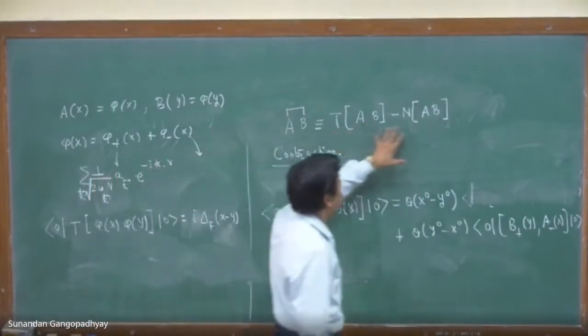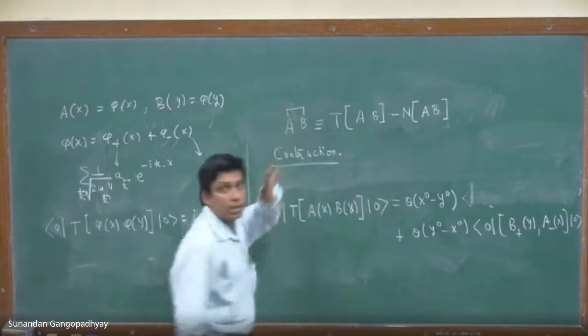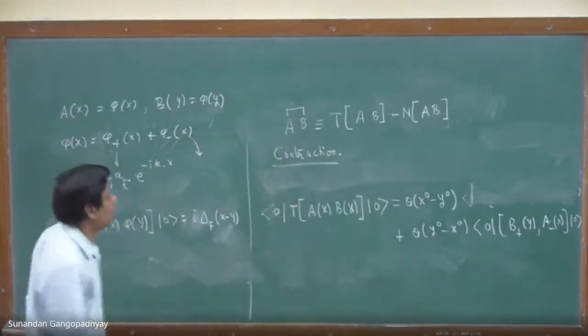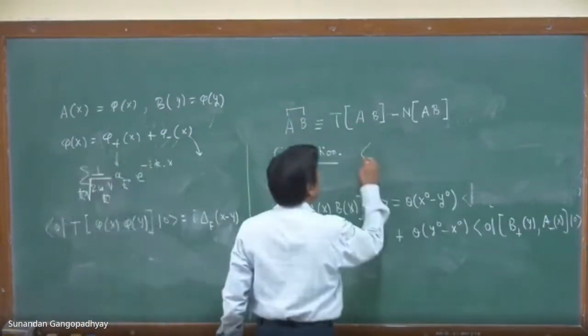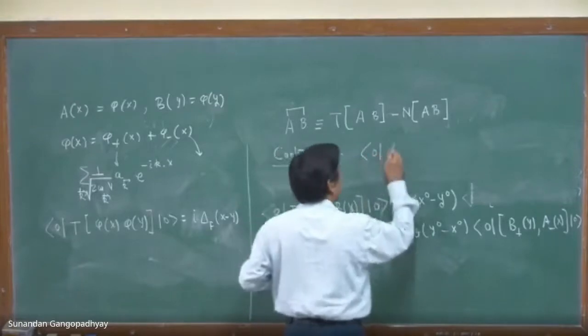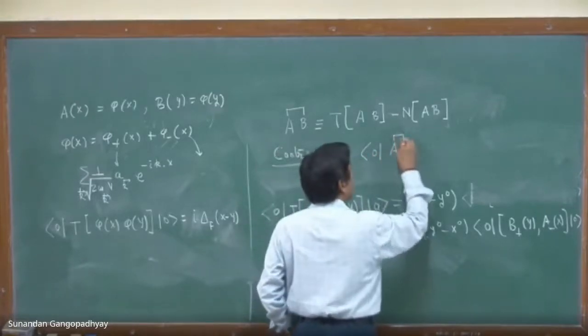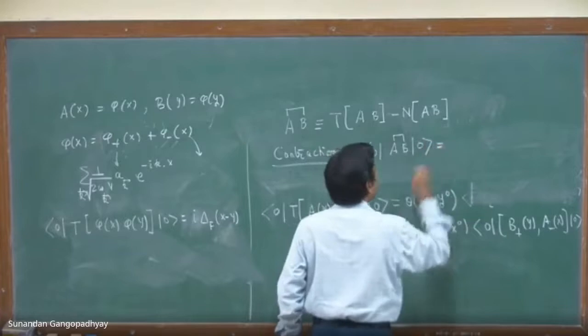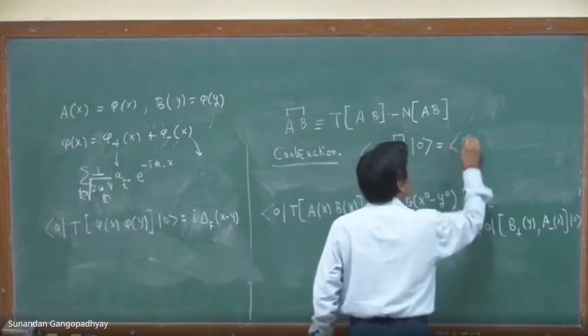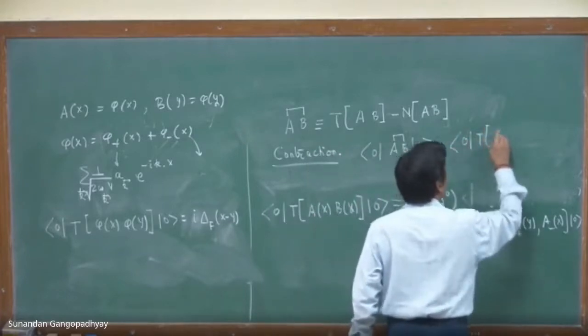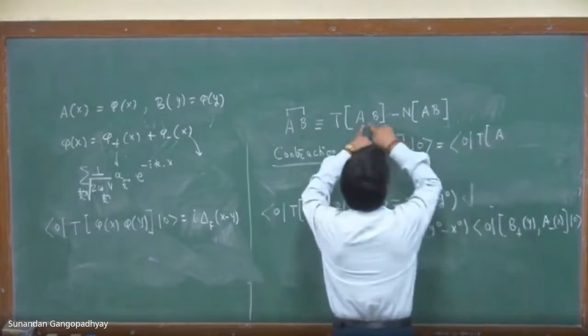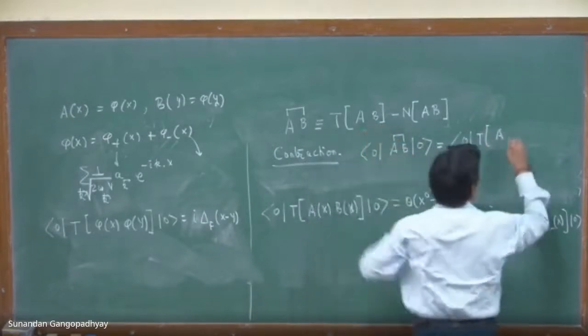And now you just take the vacuum expectation value of this contraction. The vacuum expectation value of this contraction is basically the time ordered product. I'm not writing, by the way, the arguments. The arguments are also important, but let me just keep it for the moment. So this will be this minus the vacuum expectation value of the normal ordered product, but that is 0.